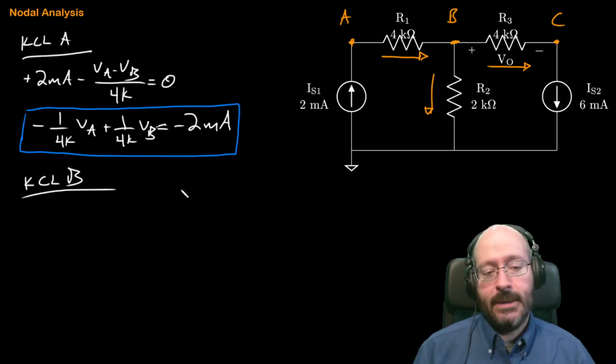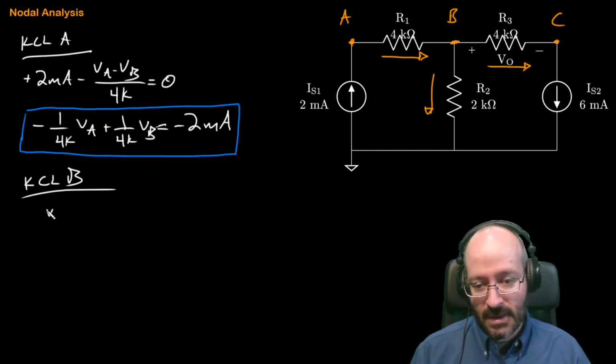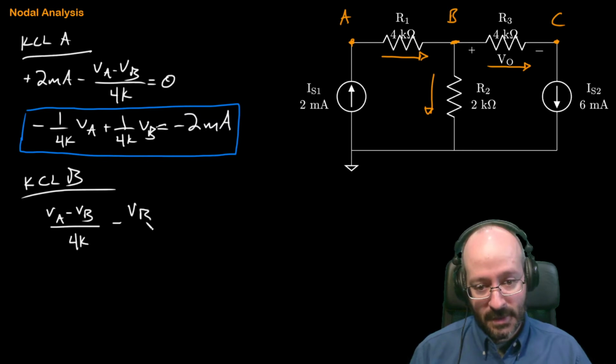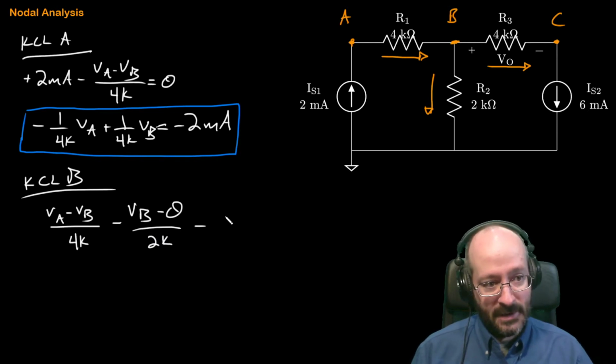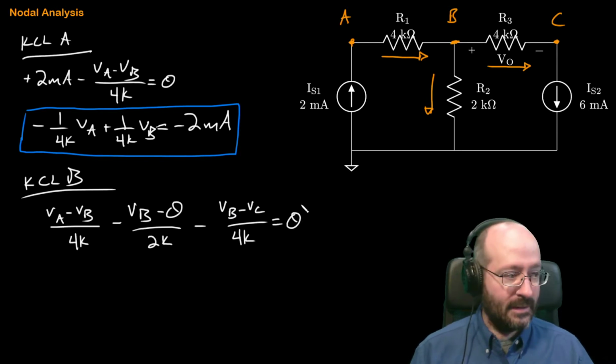KCL for B. Let's see here. I got 3 things connected to it. (VA minus VB) over 4K minus (VB minus 0) over 2K and minus (VB minus VC) over 4K, and that's all of them, so that's equal to 0.